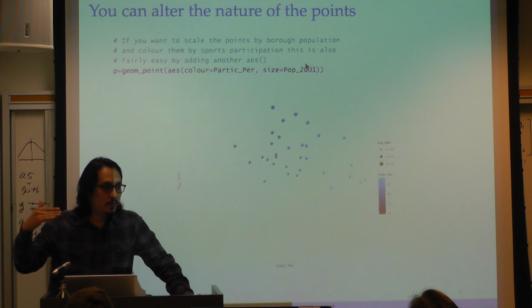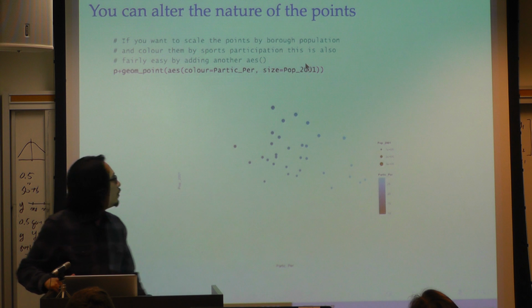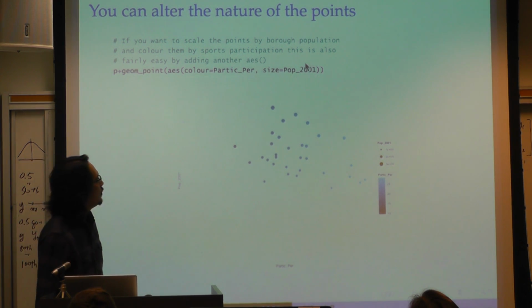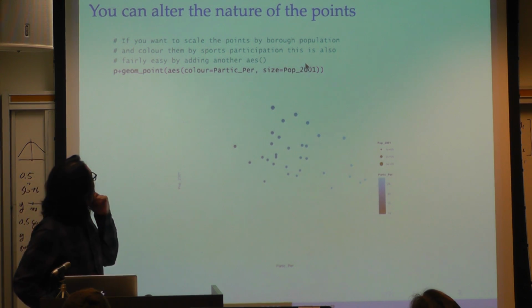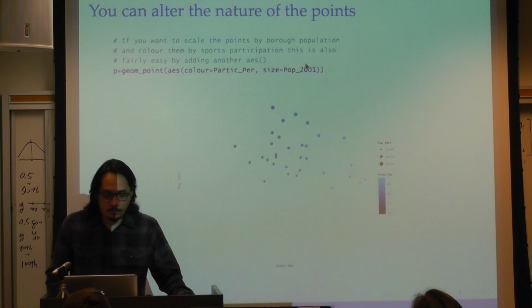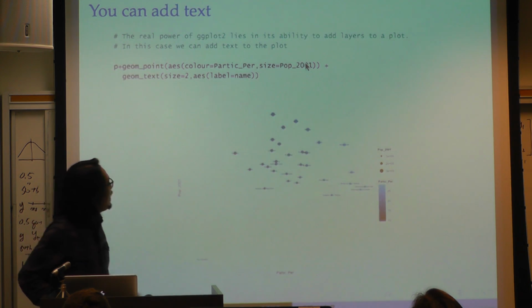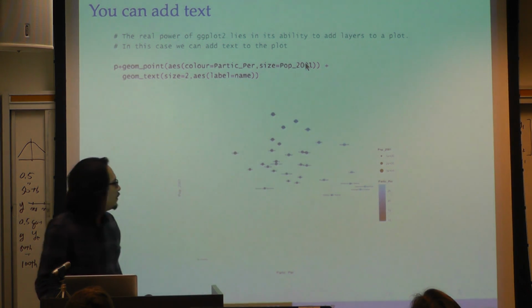The color intensity is capturing the participation in sports. So here you already get a sense of how your data is distributed, and it looks sort of nice. You could also add the names. Here they are too tiny, but you can add the names for each observation that you are plotting.